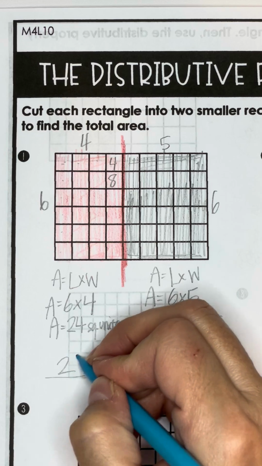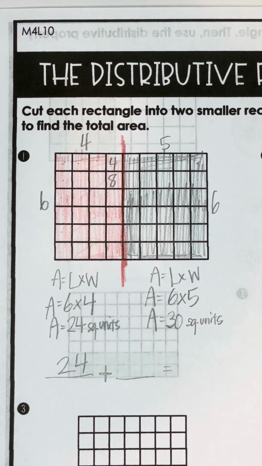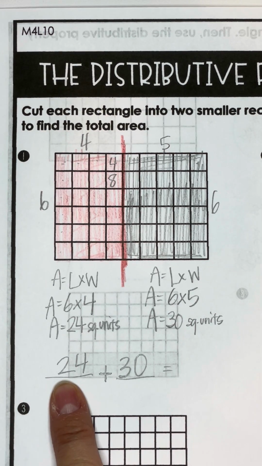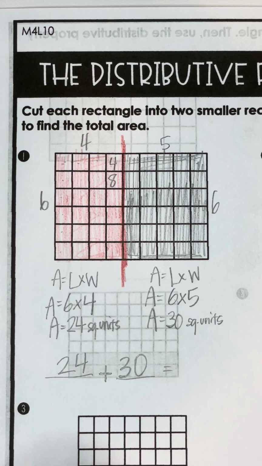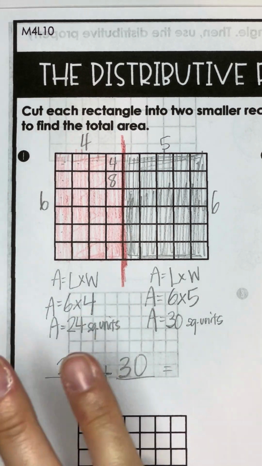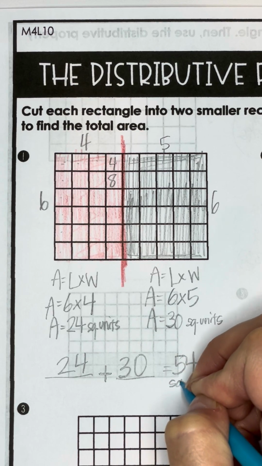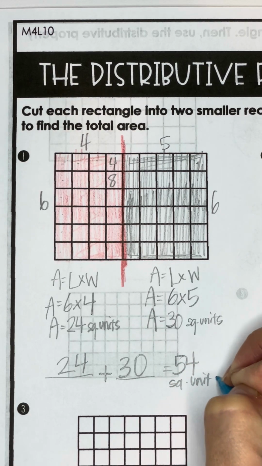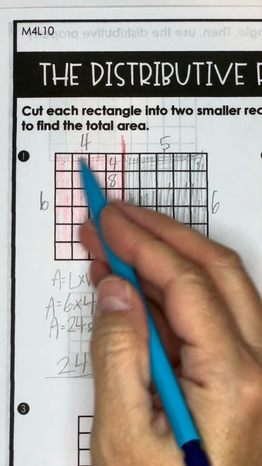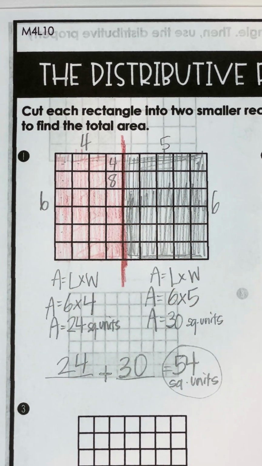So I'm going to put 24 together with 30. Well, if you start at 24 and you count three 10s, 24, 34, 44, 54. 54 square units is in this whole thing.